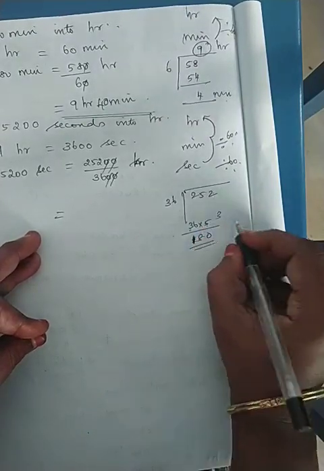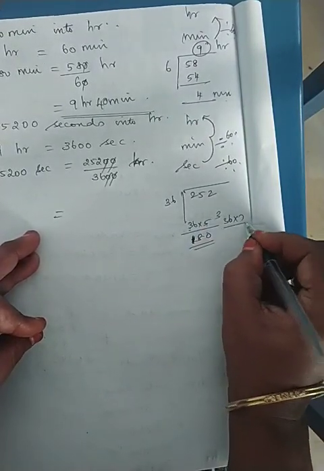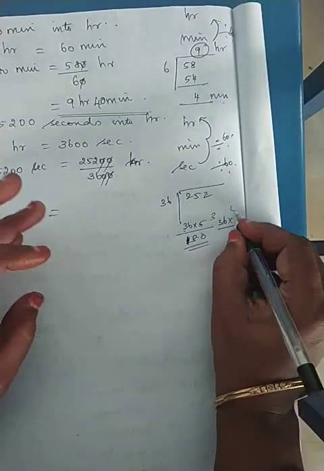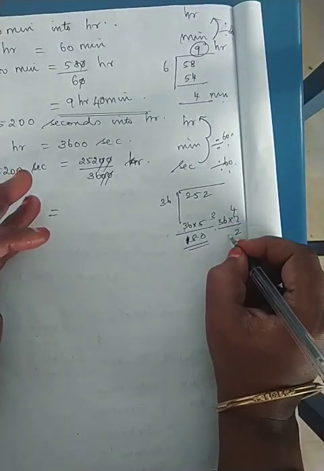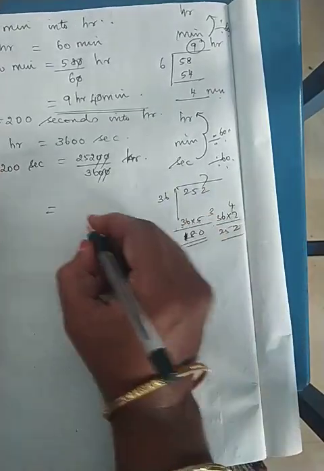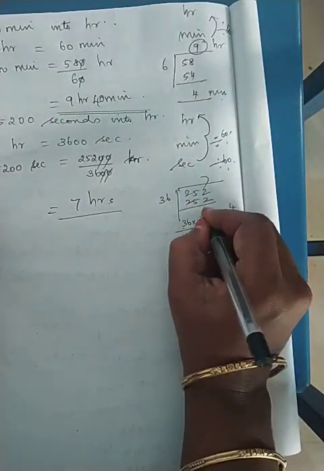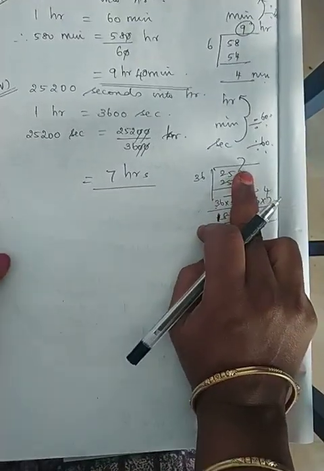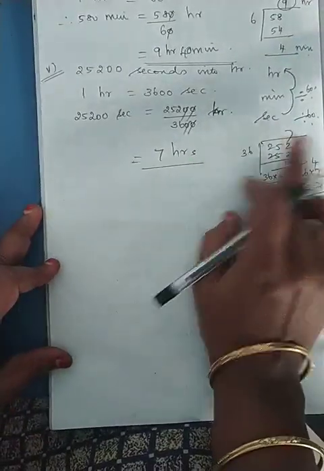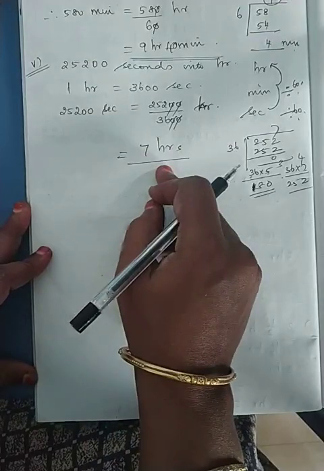I want 252. So I can write 36 into 7. 7s are 42. Remainder 4. 21 plus 4, 25. So this is 7 hours. 36 will be going 7 times. 252 will go in 36 7 times. So it is 7 hours.